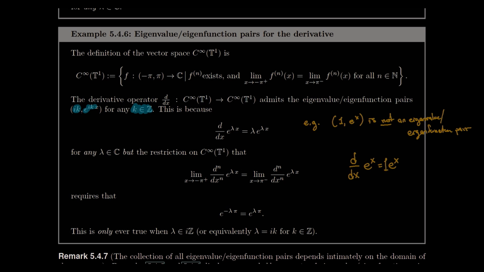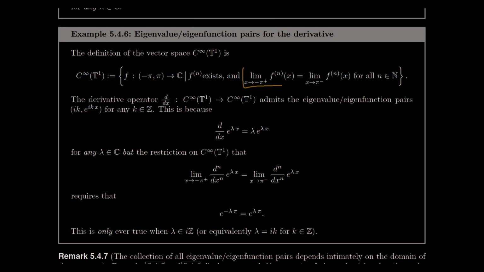Why isn't that a valid property? Well, it's because e to the x is not in this space. If I try to take the limit as x goes to -pi of e to the x, I just get e to the -pi. If I try to take the limit as x goes to +pi of e to the x, I get e to the +pi. Because e to the -pi and e to the +pi are not the same thing, these are not going to be equal to one another, and I'm not in this space.